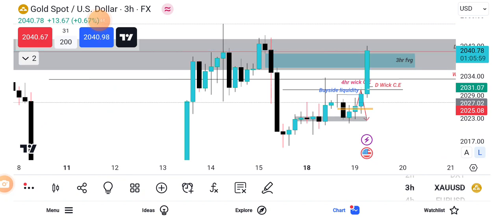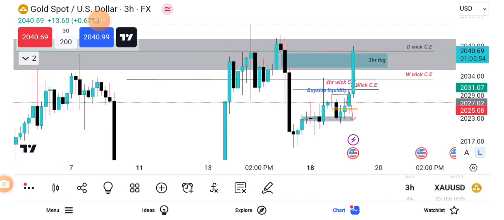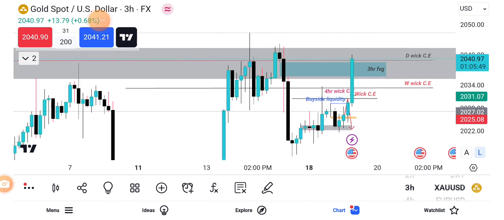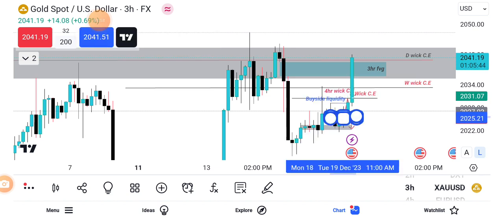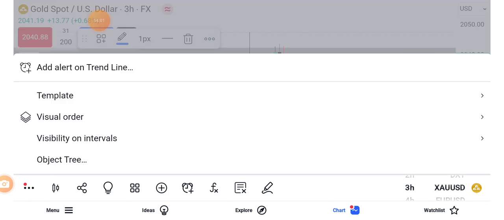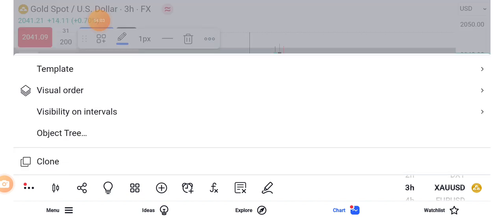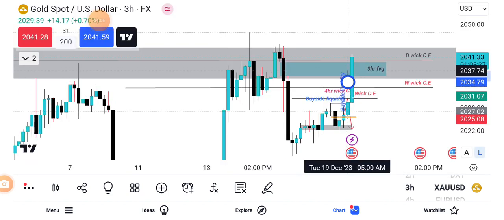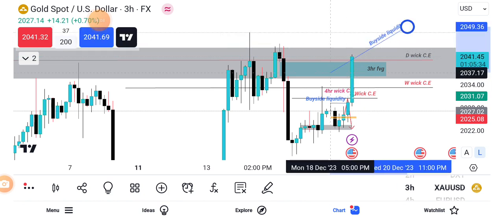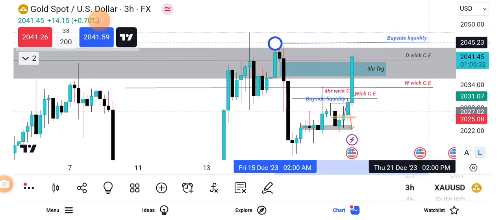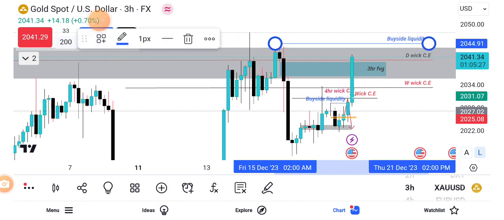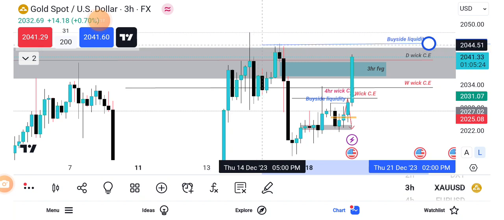If a candle closes, this 3-hour candle closes above the 3-hour fair value gap, I guess we'll have these, this being the draw on liquidity.